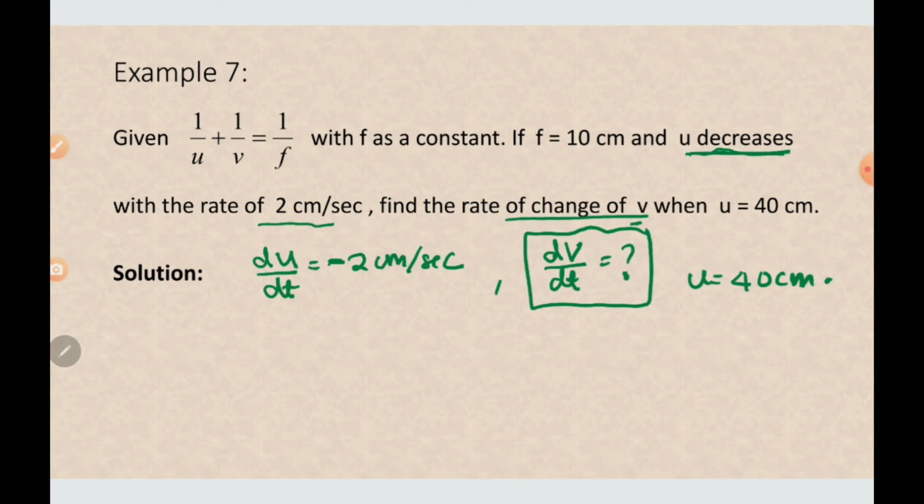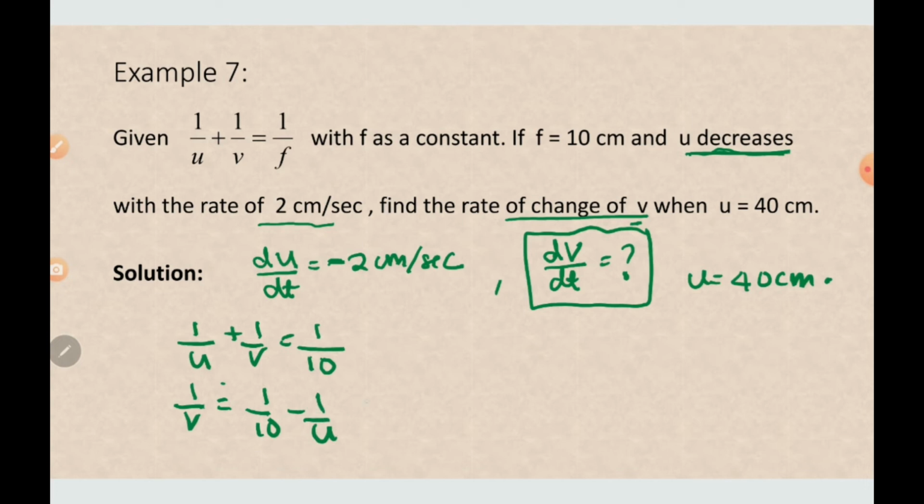The equation given to you here is 1 over u plus 1 over v equals 1 over f. So I will substitute f with the constant, that is 1 over 10. I will let v as the subject here. Therefore, 1 over v is equal to 1 over 10 minus 1 over u.